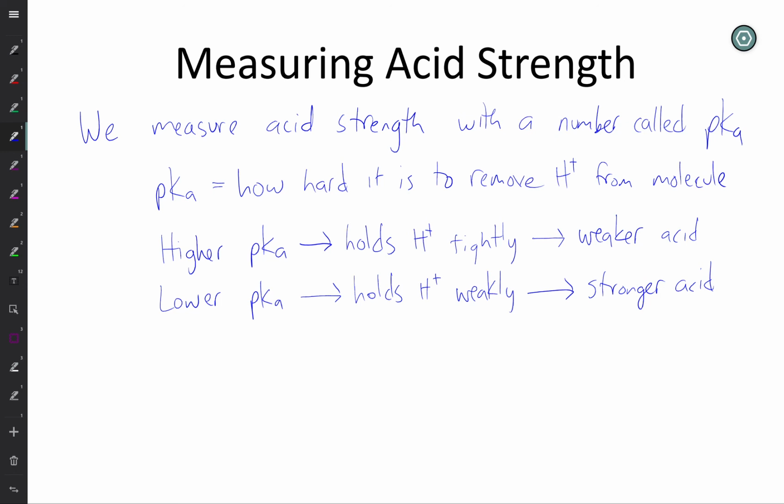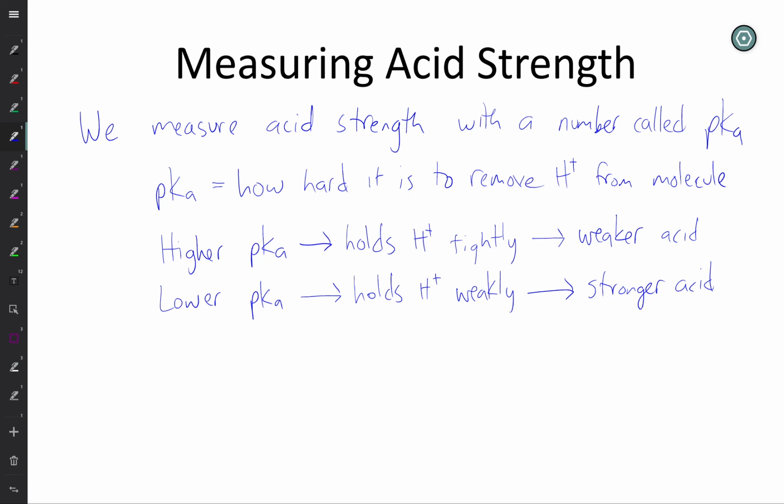So the front side of the reference gives you lots of organic functional groups where the pKas start at 50, which is a really high pKa. Those are H's that you can almost never remove. Going down to about -2, really easy to remove. And then on the back, I actually gave a bunch of acids that are considered strong acids. So those all have pKas of 0 or lower.